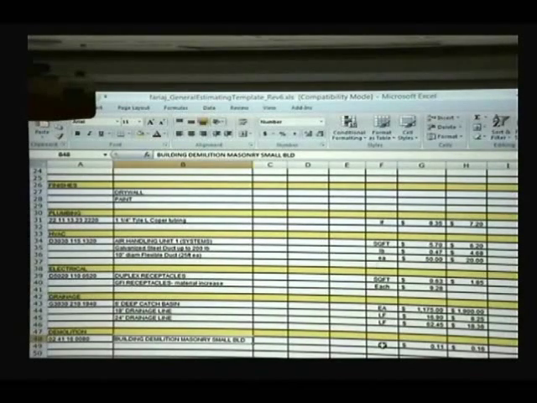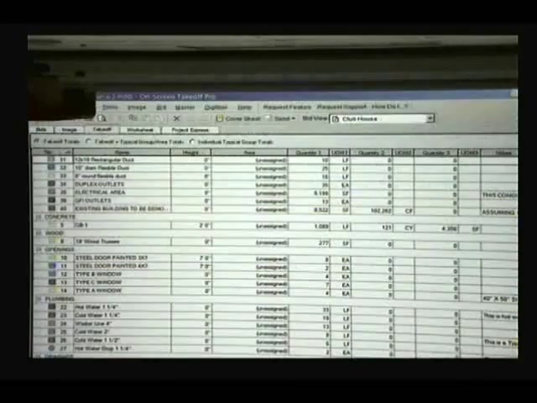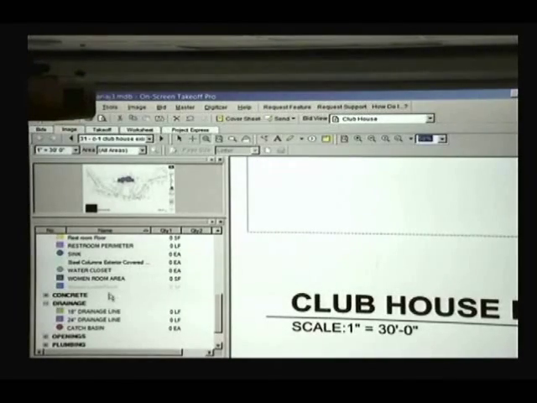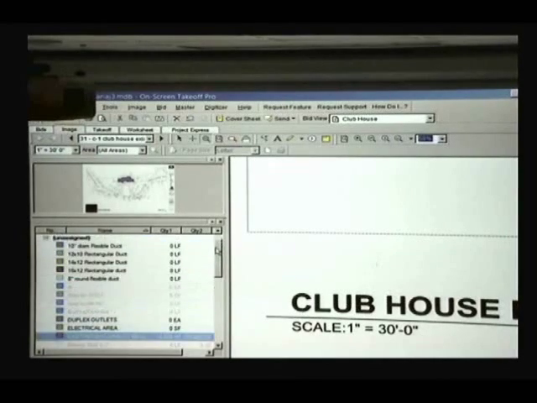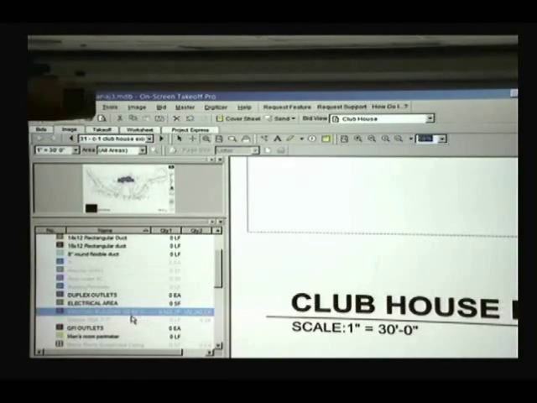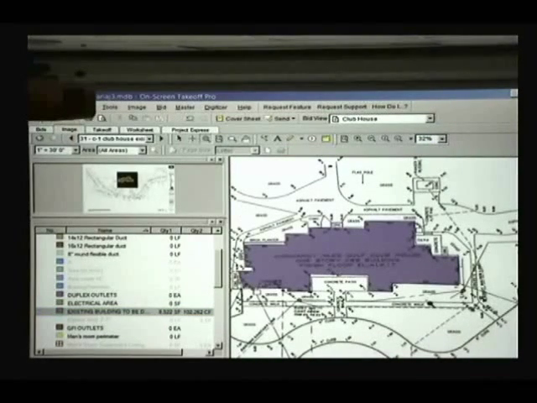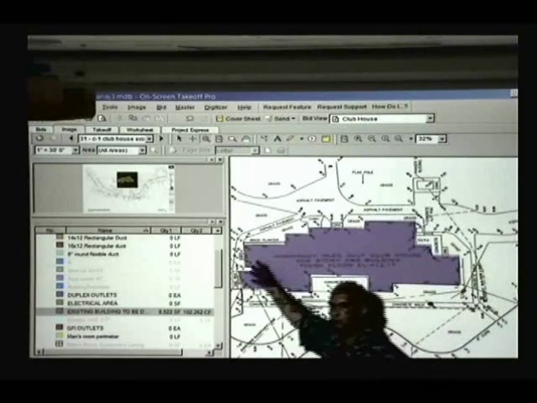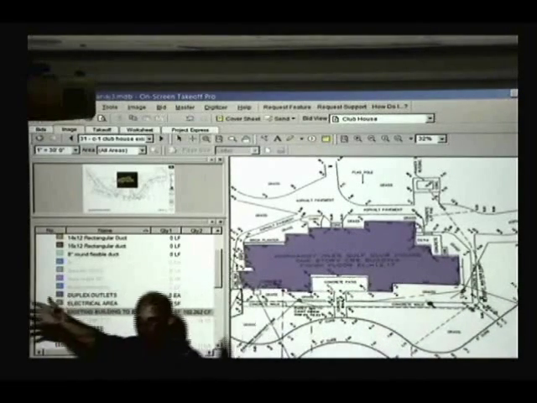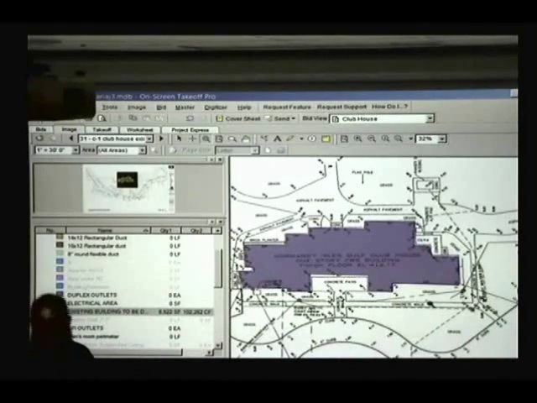So what I did is I created a new condition called existing building to be demolished, and then I did the takeoff of that existing building, which may be very close to the one that we have, right? It looks like they're building on the same general area, but it's not the same one that we took off before.